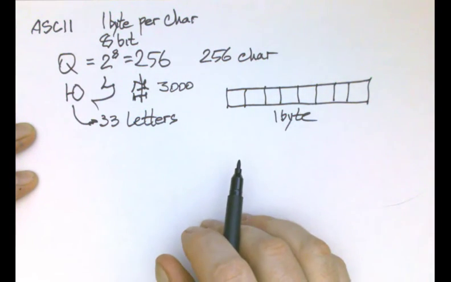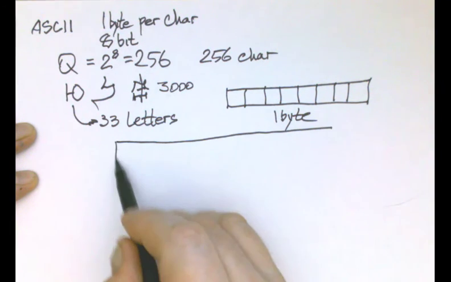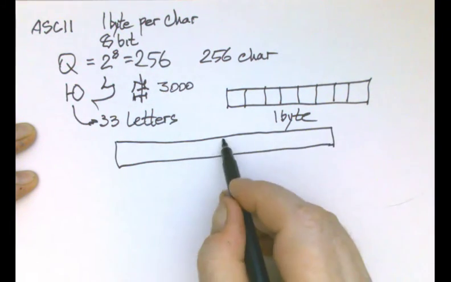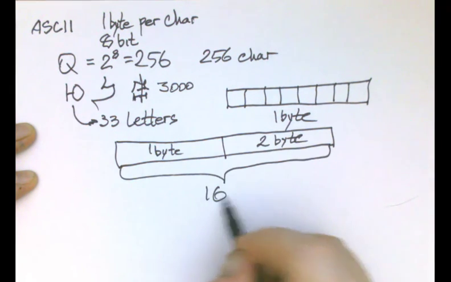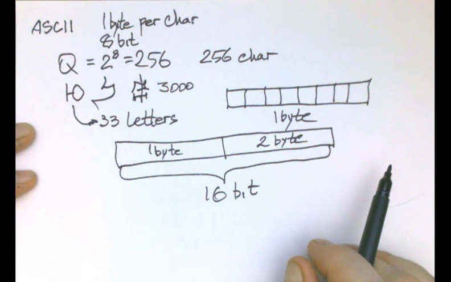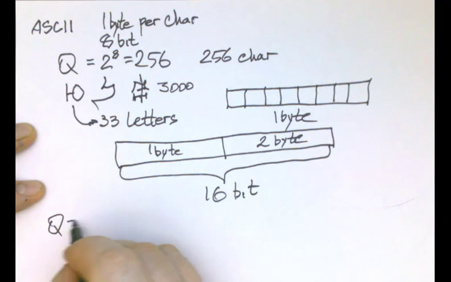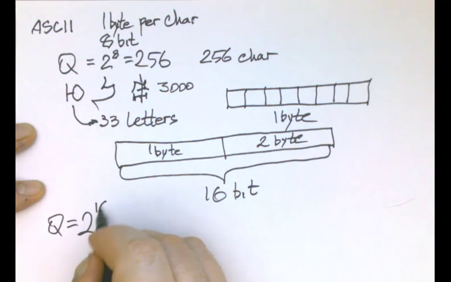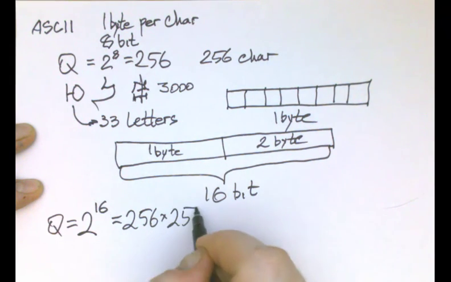So people considered that 1 byte per character, 8 bits per character, is not enough for encoding, and they dedicated 2 bytes per character. This is 1 byte, this is another byte, totally 16 bits. Now we need to figure out how many characters we can encode with 16 bits. Folks, the number of combinations is 2 in the power of 16, or 256 times 256.